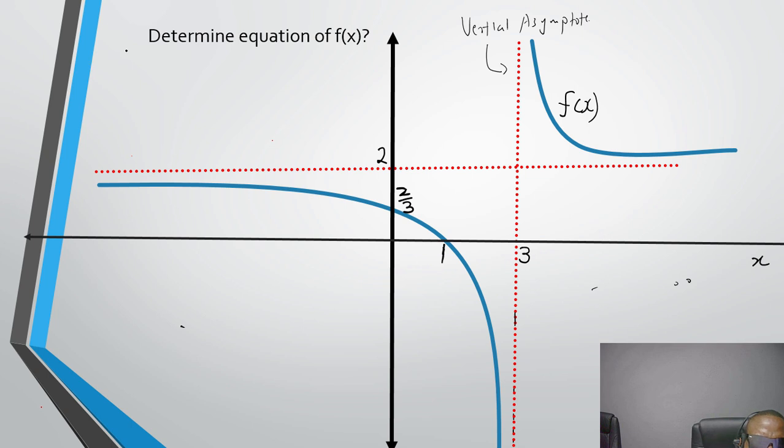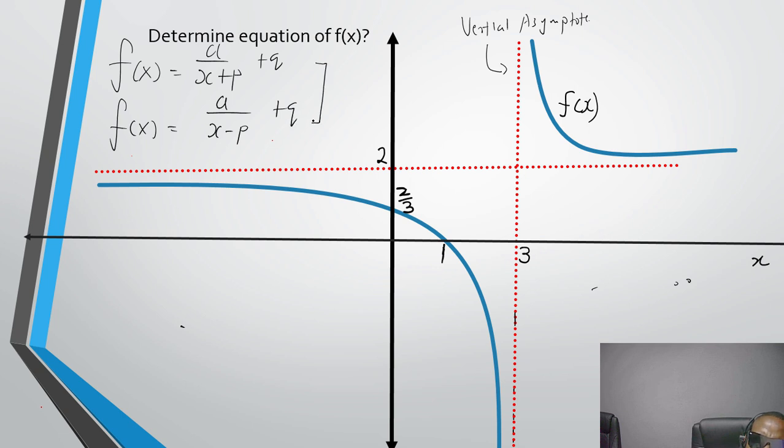Let's say they gave you f of x equals a over x plus p plus q, or maybe they can give you f of x equals a over x minus p plus q. They can give you any of these two. And they say find the equation of f of x. So if they give you this one, f of x equals a over x plus p plus q, work with it. If they give you that one, work with it.